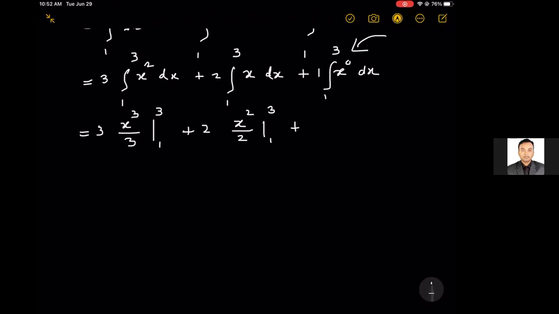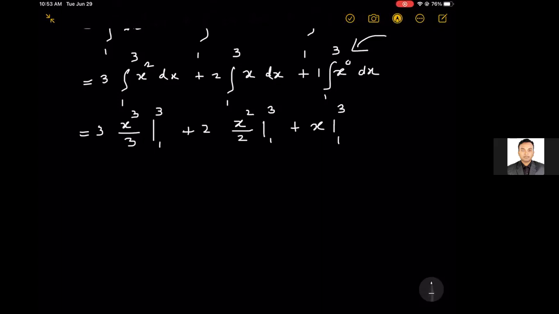You can rewrite any 1 by x to the 0 or anything to the power 0. We can replace it, right? Using the power rule, it gives us 1, because x to the 0 plus 1 over 0 plus 1 is x.